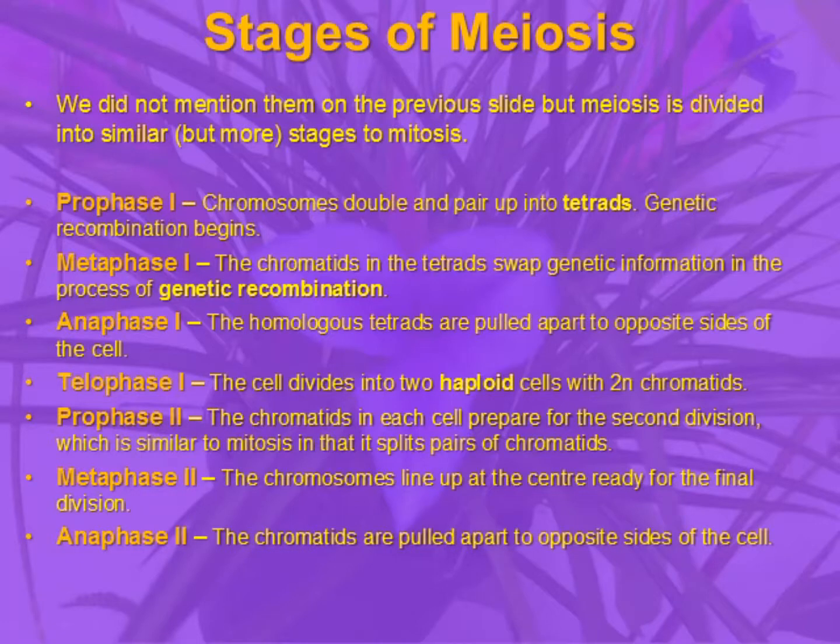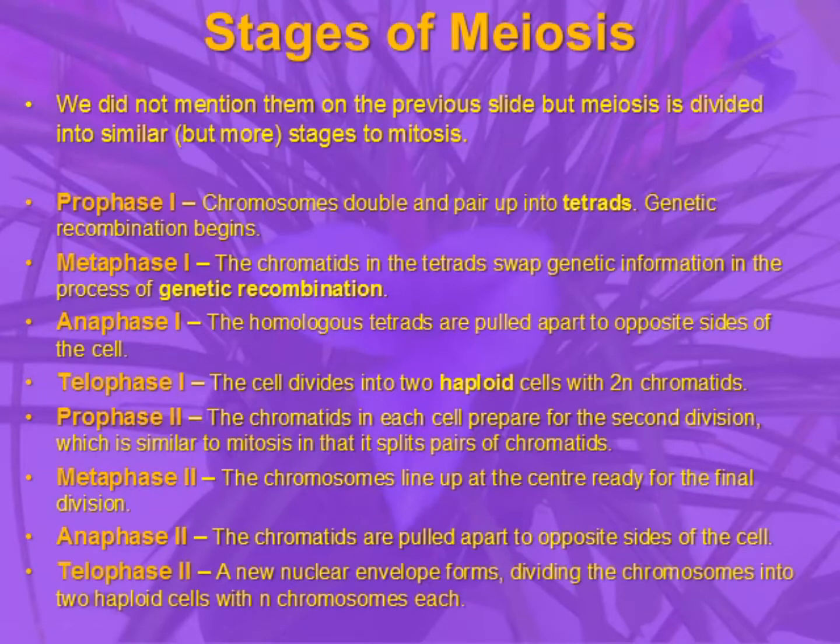Anaphase 2 is when the chromatids are pulled apart to opposite sides of the cell. And then finally we have telophase 2, when you get another nuclear envelope forming and the chromosomes are finally divided into 2 haploid cells, each with N chromosomes, each one different from all of the other daughter cells.